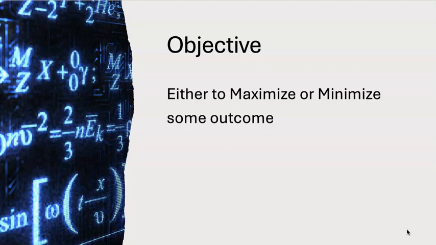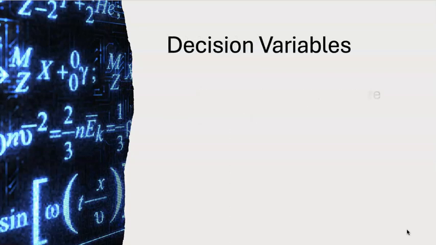Many models seek to maximize profits, maximize revenues, or they can seek to minimize costs. But it's not limited to those variables, right? We can be maximizing the reach of an ad campaign. So there are many applications, right? But it's either to maximize the outcome or minimize the outcome.